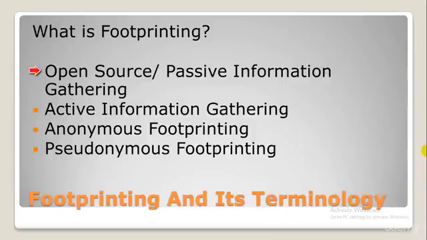Open source or passive information gathering is the first one, PIG, that's what I call it. It is the easiest way to collect information about the target organization. It refers to gathering information from publicly available sources such as newspapers, television, social networking sites like Facebook, Twitter, Orkut, or blogs.